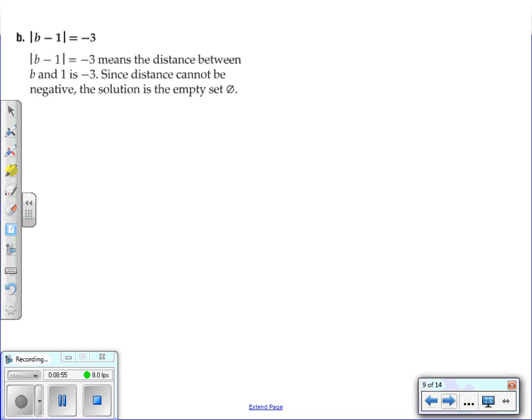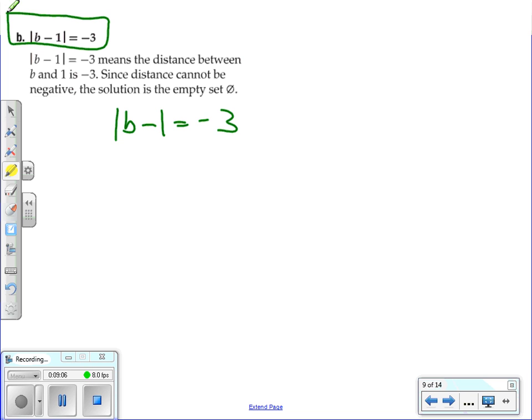In this equation, the absolute value of b minus 1 equals -3. Think about what this means. This means that the distance between b and 1, I need an absolute value sign, thank you. The distance between b and 1 is -3.